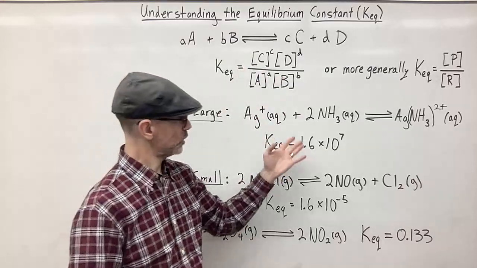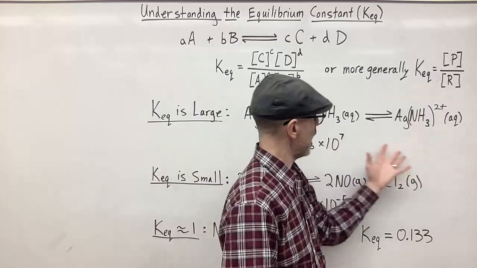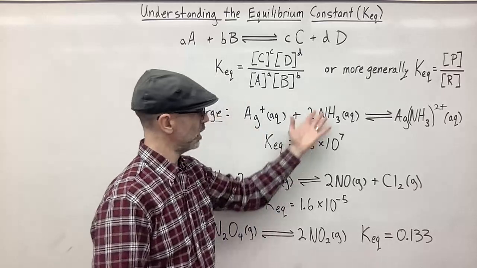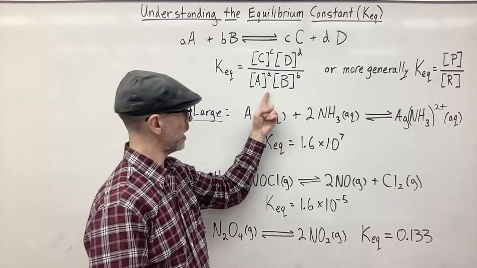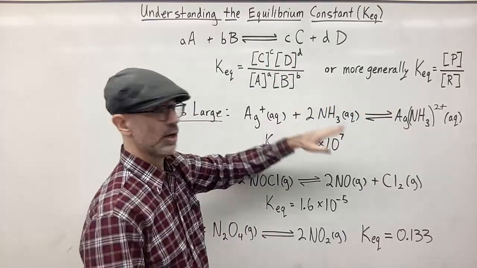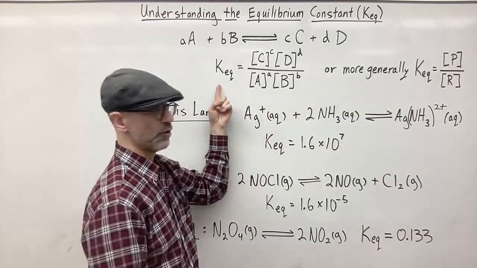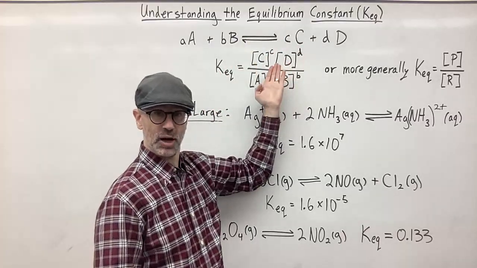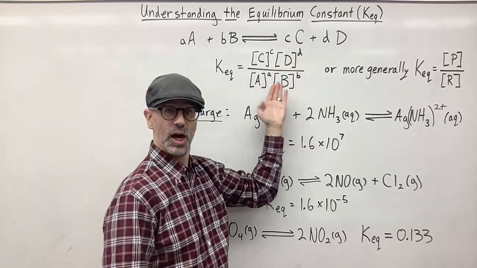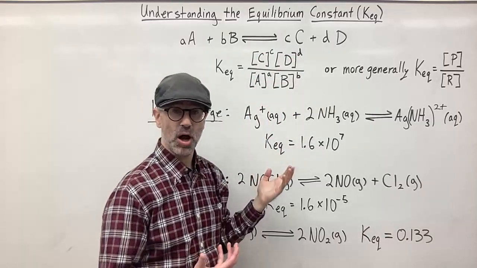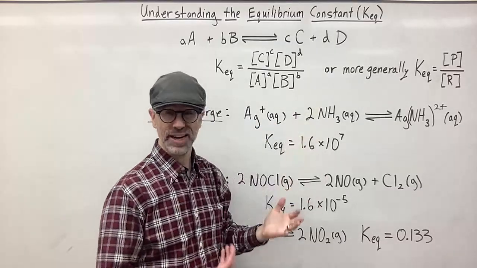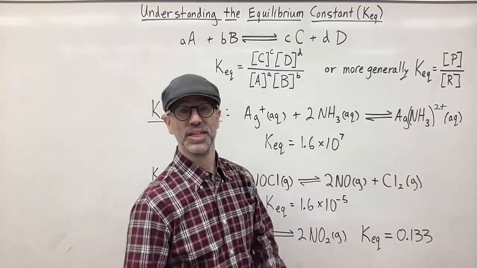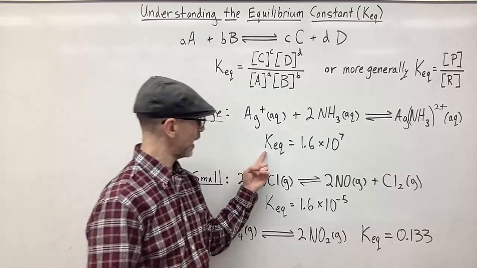So at equilibrium for this reaction, I'm going to have a huge amount of product compared to the amount of reactant, because reactants are on the bottom, product is on top. So the amount of reactants I have at equilibrium is going to be very small, and the amount of product I have at equilibrium is going to be very large, giving me a KEQ that's very large.